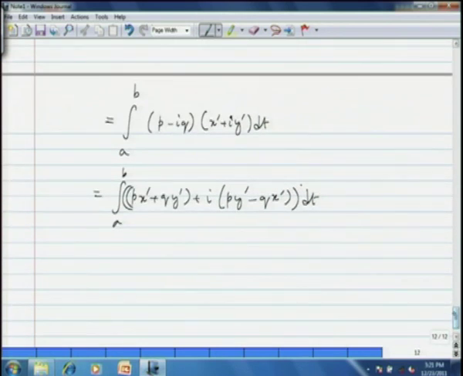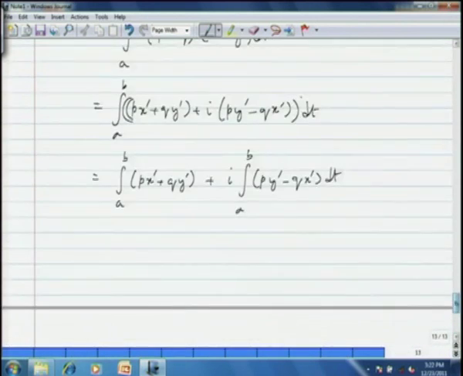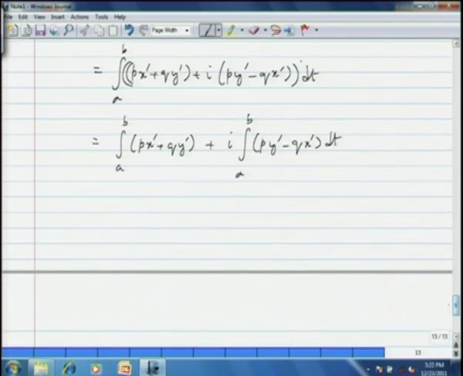Okay. So, we can split this into the integration from a to b of p x prime plus q y prime plus i times the integration from a to b of p y prime minus q x prime dt. Now we will interpret each of these integrals to understand what this line integral is doing.